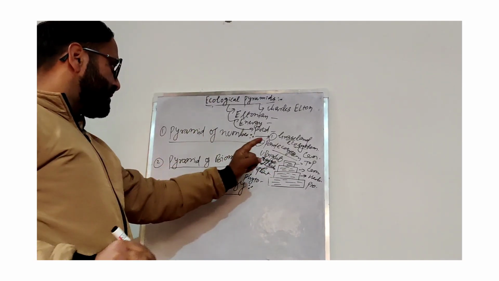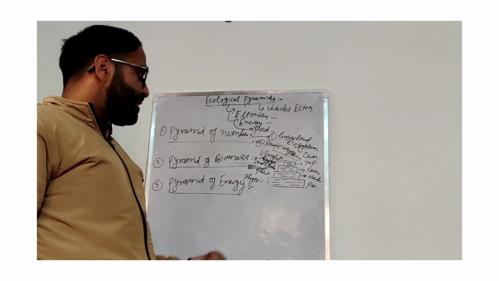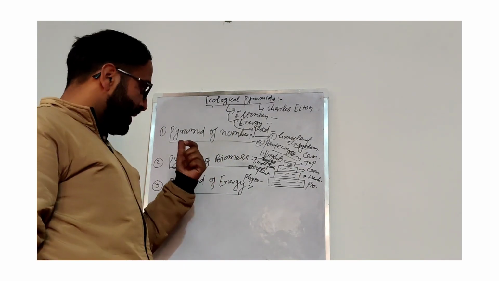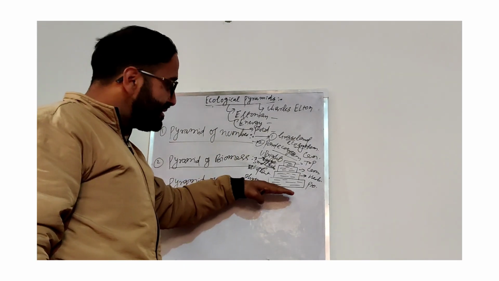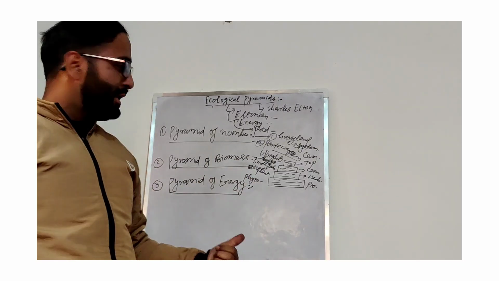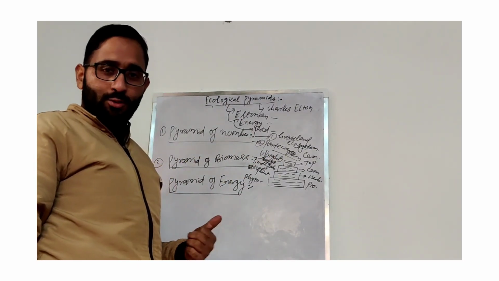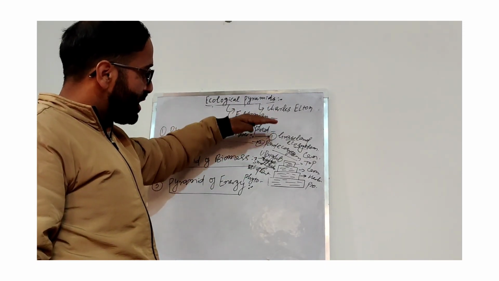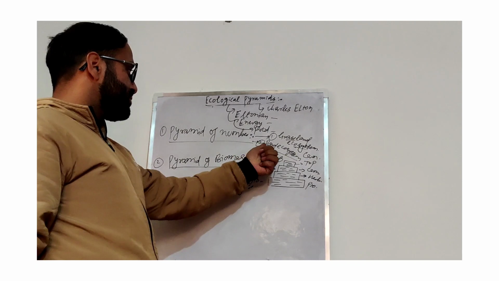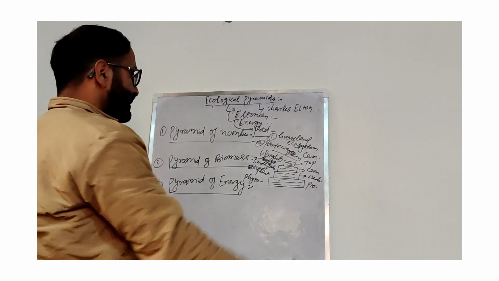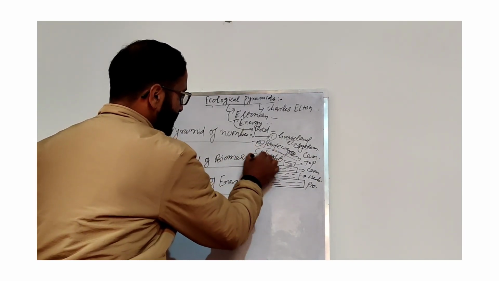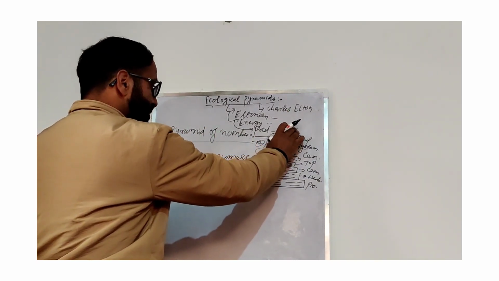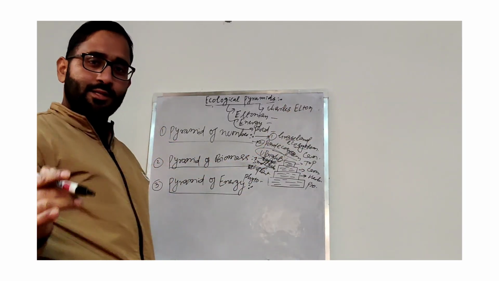Just like in the grassland ecosystem, the same thing happens in the pond ecosystem. In the pond ecosystem as well, the number is maximum at the producer level, and as we reach the top carnivore level, the number is very small. So the number keeps on falling as we move in a food chain. So in the pond ecosystem as well, the pyramid is an upright pyramid. So the pyramid of number in both the grassland ecosystem and the pond ecosystem is upright.